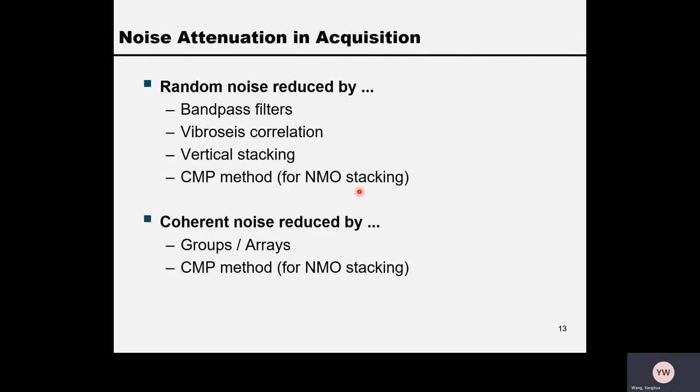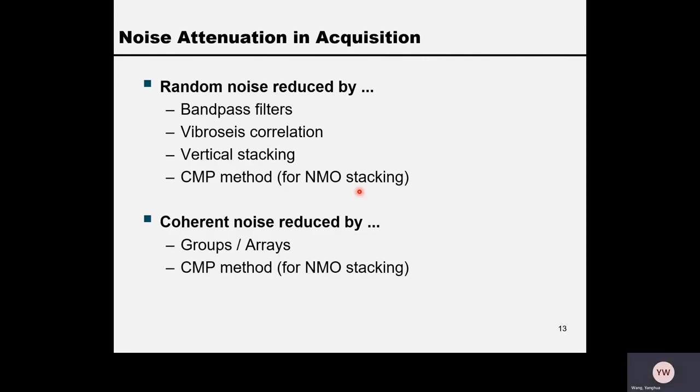Sweep correlation is also an effective way to get rid of random noise. The sweep correlation uses your source signal, which is a frequency sweep, to correlate to the recorded data.